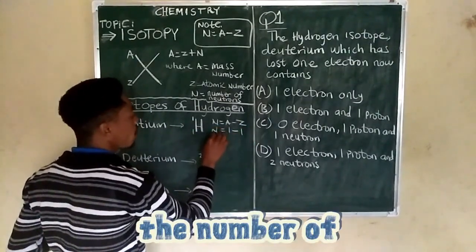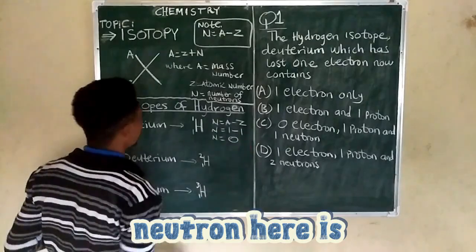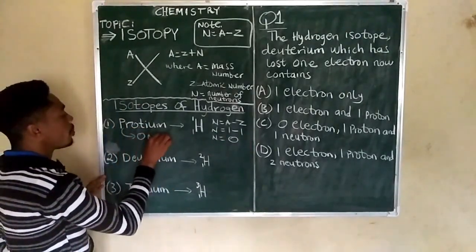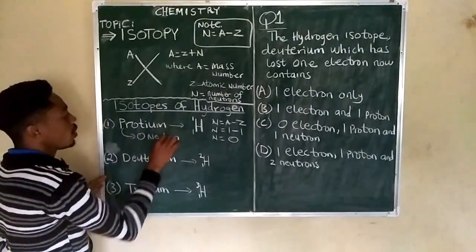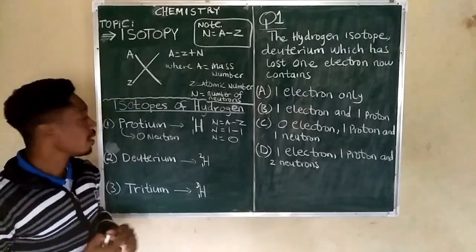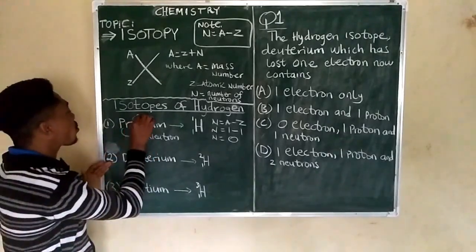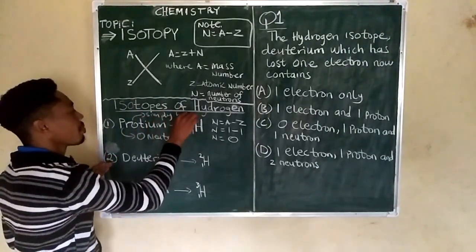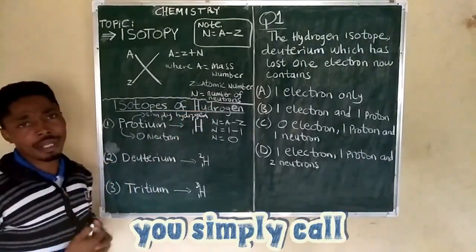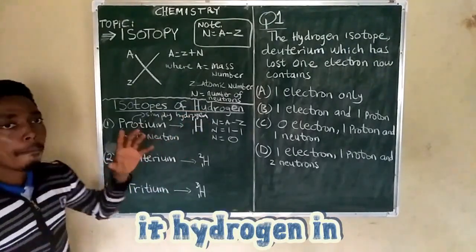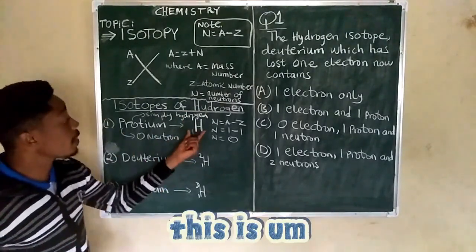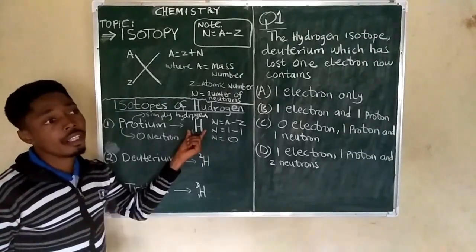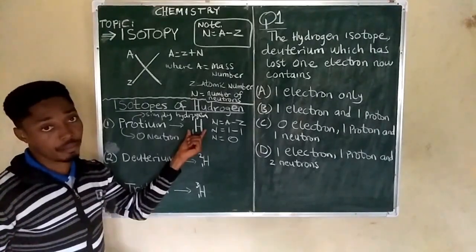That means that the number of neutrons here is 0. So protium has 0 neutrons. Protium is simply called hydrogen. In percentage abundance, this isotope of hydrogen has the highest percentage of abundance.